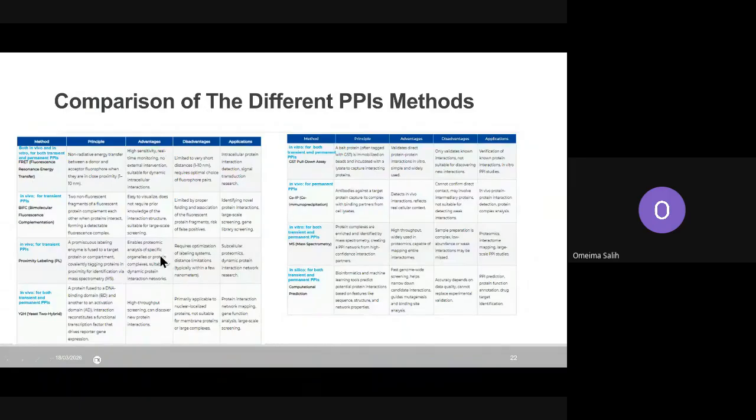The other types are in vitro. For example, the GST pull down assay.